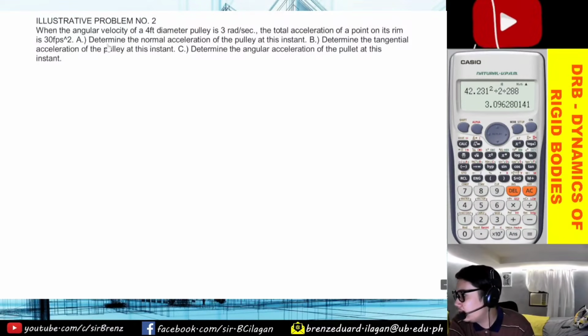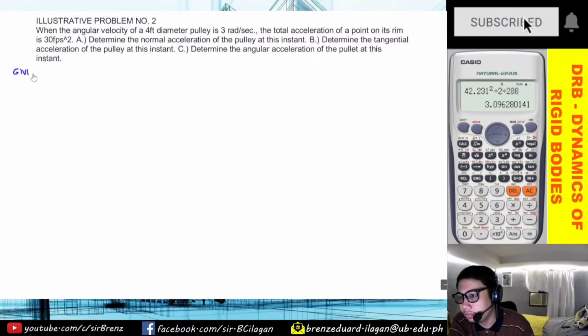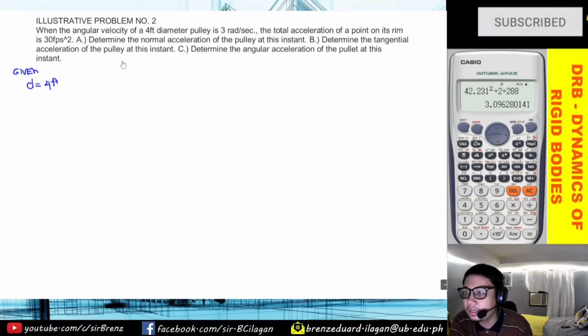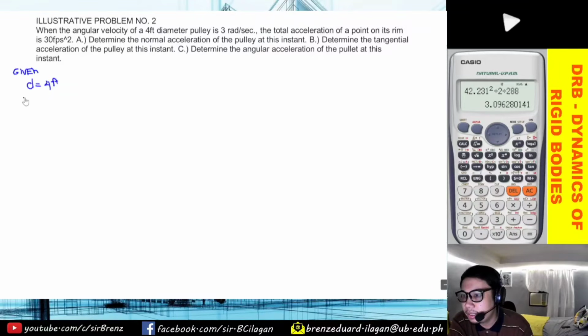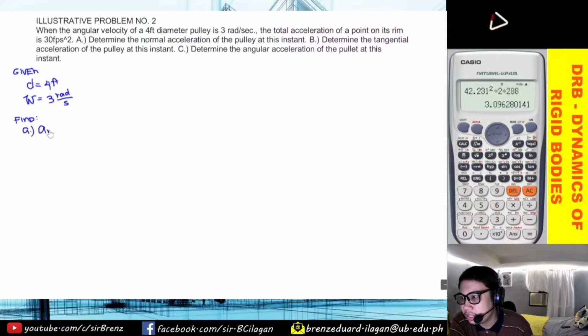Okay, so what is given in this problem? Given yung diameter niya na 4 feet, at the same time, yung angular velocity niya is denoted by omega, 3 radian per second. So find the following. For letter A, yung normal acceleration.